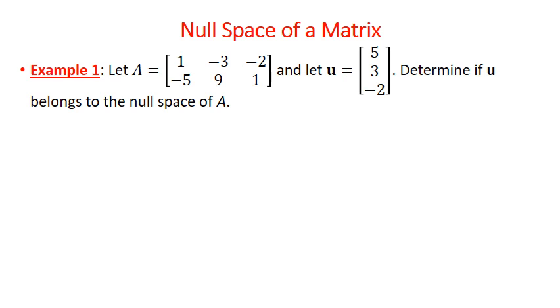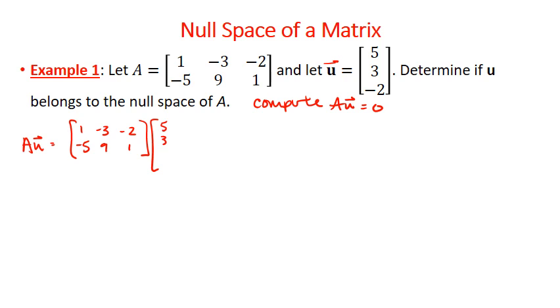We have a matrix A and a vector u, and we want to determine if this vector u belongs to the null space of A. In order to figure that out, we will compute Au, and if we end up with the 0 vector, then vector u is in the null space of A. So we will go ahead and find Au. We're just multiplying here.